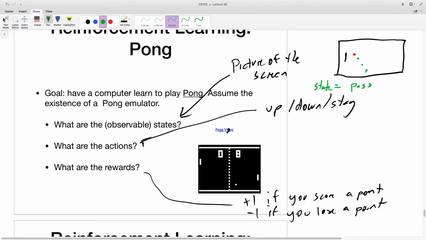It might be that 1 frame is enough, I mean, the preceding frame, but why not give it a few more? So state equals this frame plus k previous frames for some k. And this deals with the velocity of the ball.